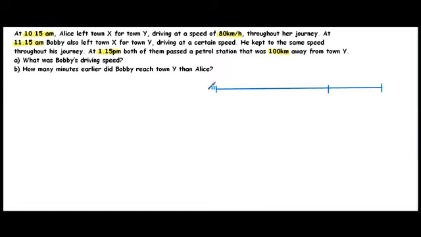This would be town X, town Y, and the petrol station. And we are told that the distance between the petrol station and town Y is 100 kilometers.